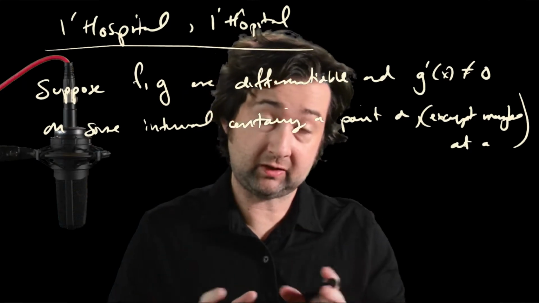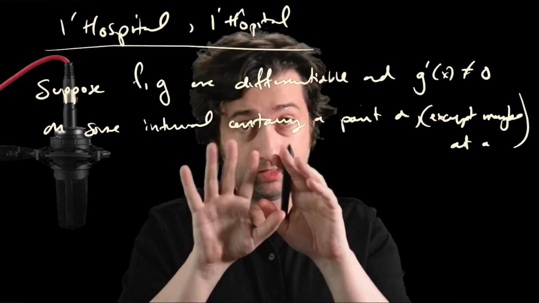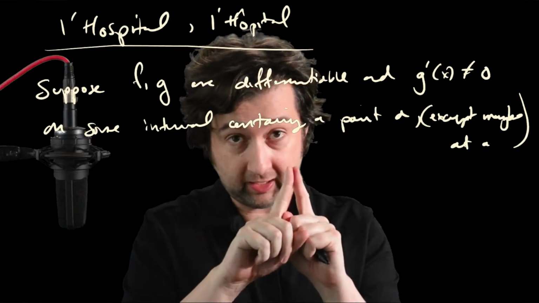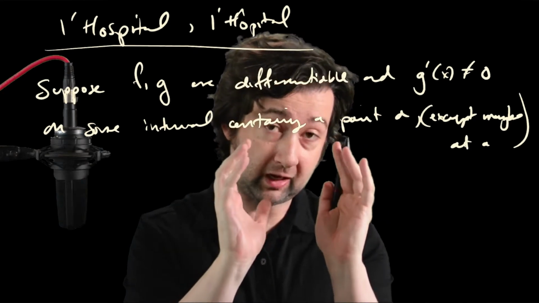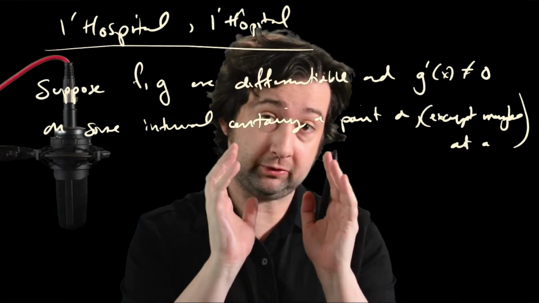So the setup here is I have two differentiable functions, and as I get closer and closer to the point A that I'm going to be interested in as my input, there's some little interval around A where the denominator is not equal to 0.